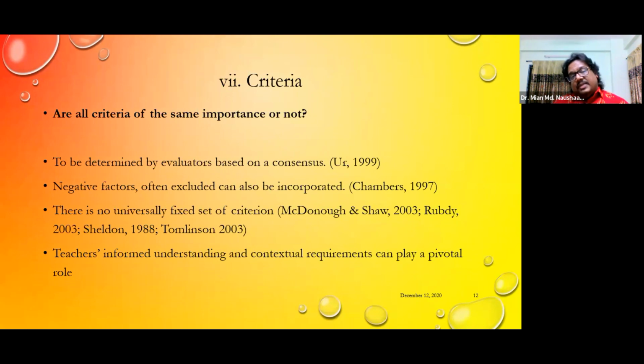For example, if the evaluation is done by the publisher, the most important criteria will probably be costing and then the quality of the paper or the print. But if it is evaluated by a researcher, then the most important criterion will be whether the book is effective or not.